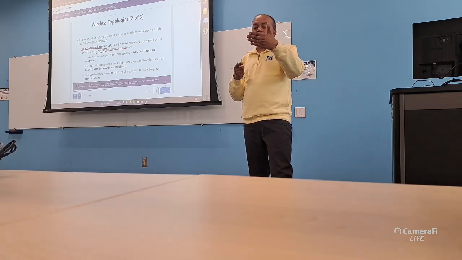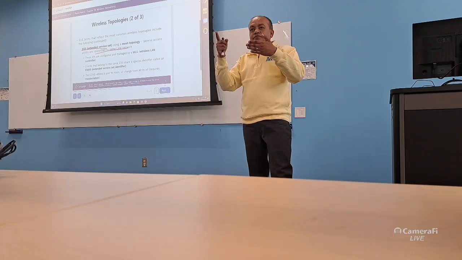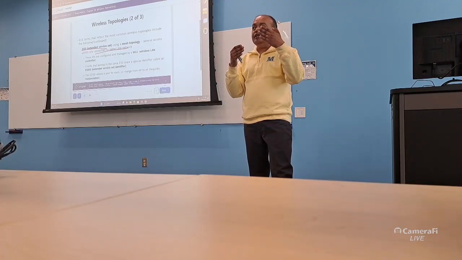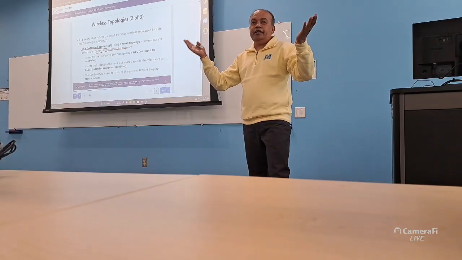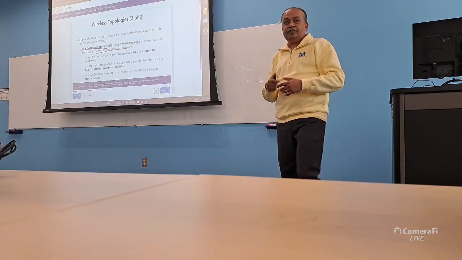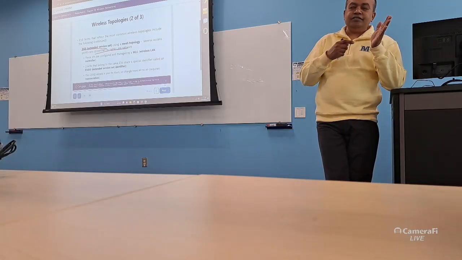You are watching a video and you are moving in a car. Have you ever seen any glitch or any interference? Unless the signal is not there at all, for a short distance you never see any discontinuation in your video. Continuously you are watching that video while you are moving in a car.